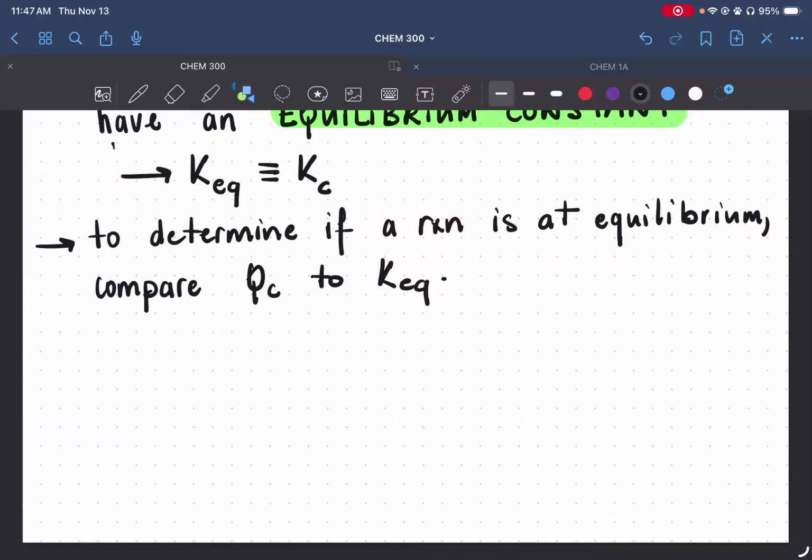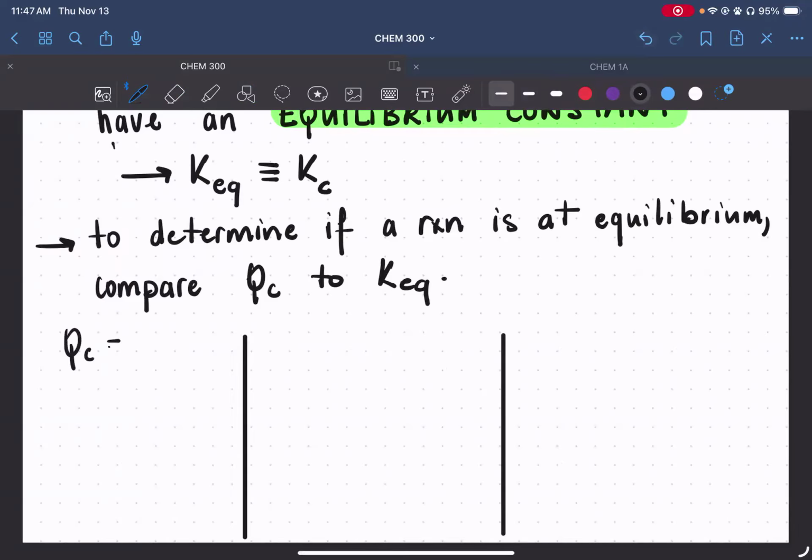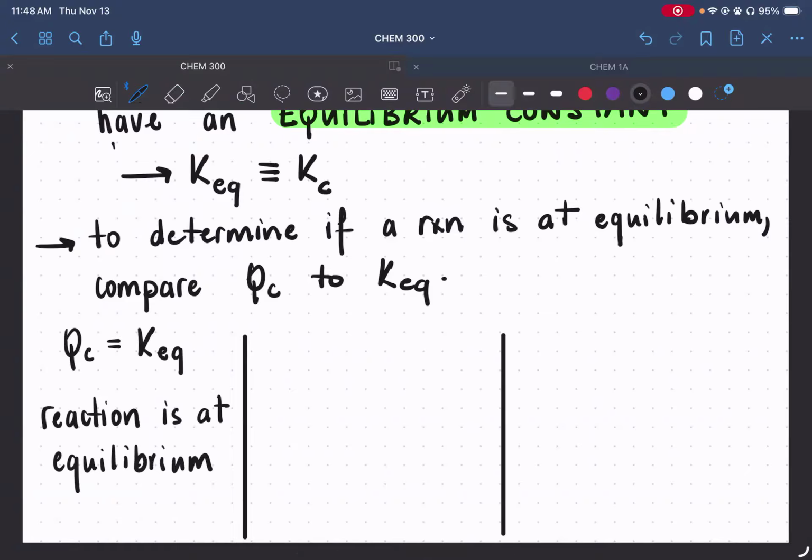When you compare the two values, there are three possible outcomes. The first outcome, the simplest one, is if the reaction quotient is equal to the equilibrium constant. In this case, the reaction is said to be at equilibrium. So if the number you calculate matches the constant, then the reaction is at equilibrium.